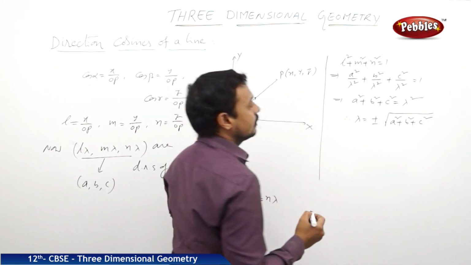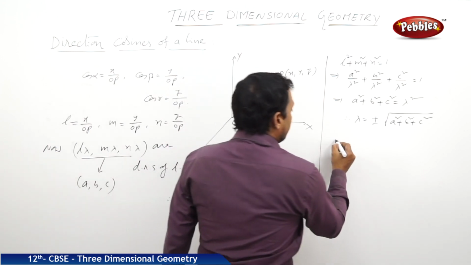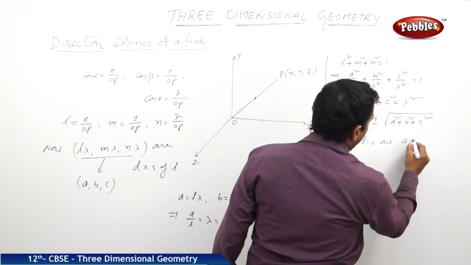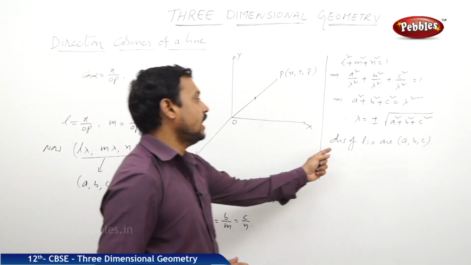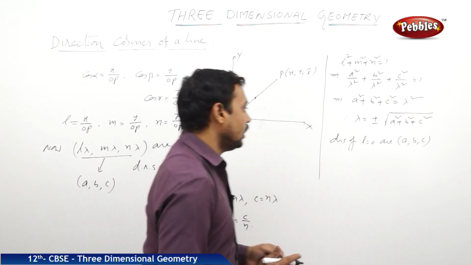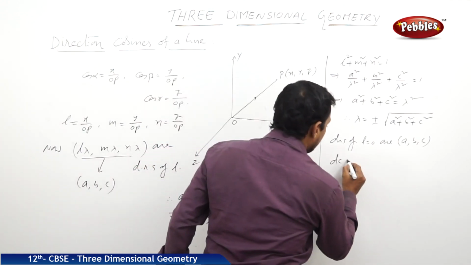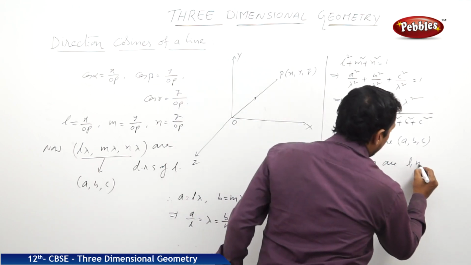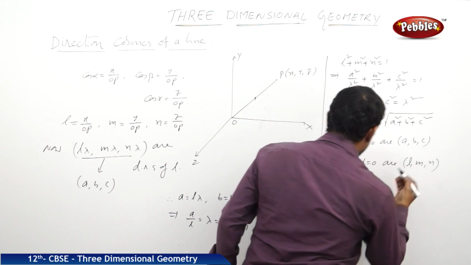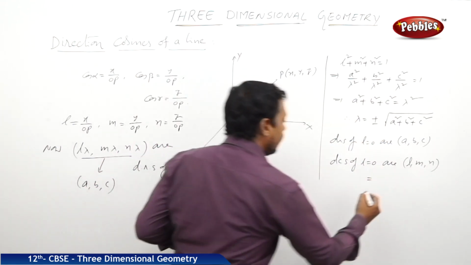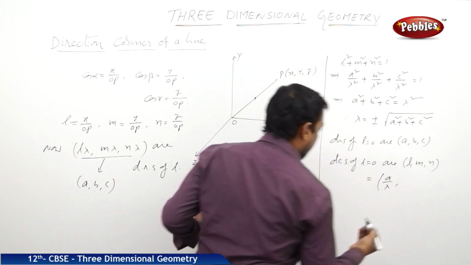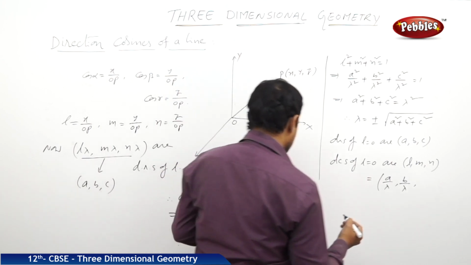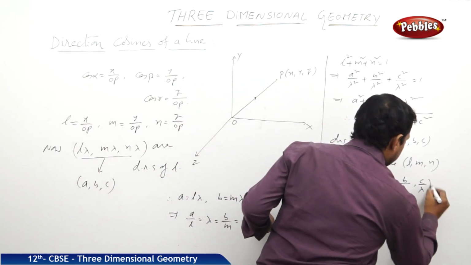Hence, the direction ratios of a line are A, B, C. And the direction cosines of the line are L, M, N, where L is equal to A by lambda, M is equal to B by lambda, and N is equal to C by lambda.